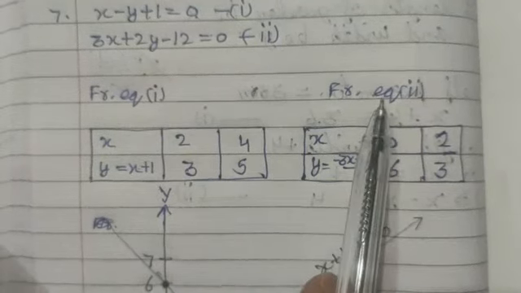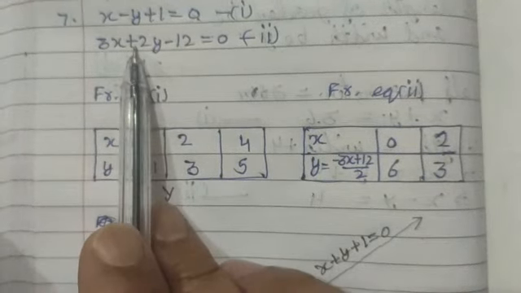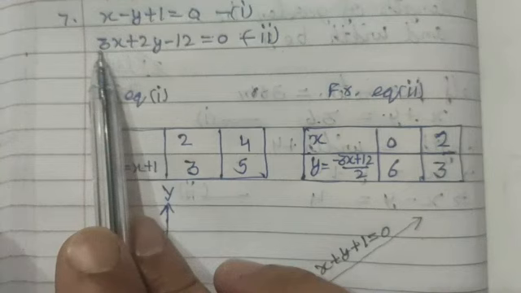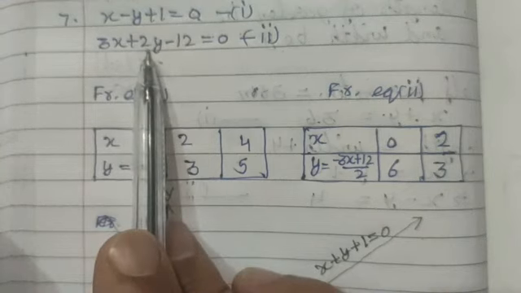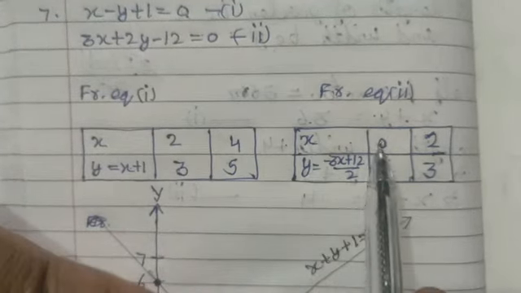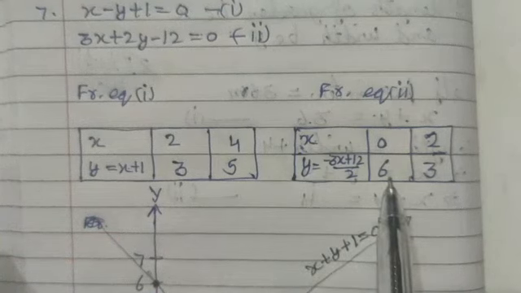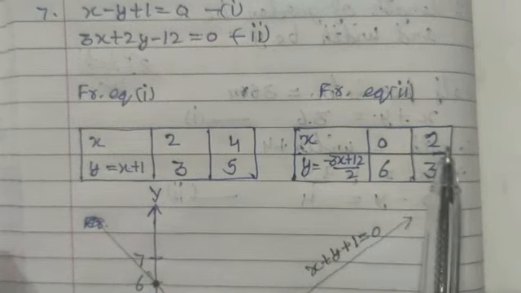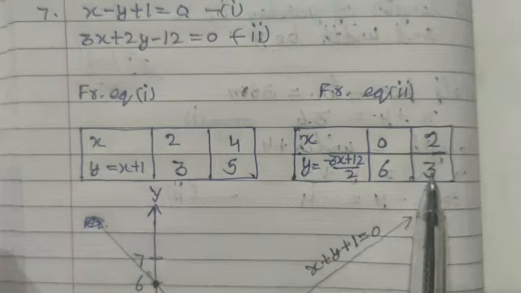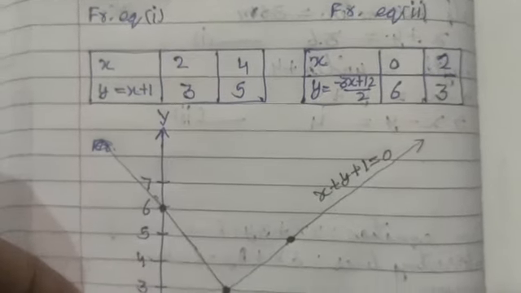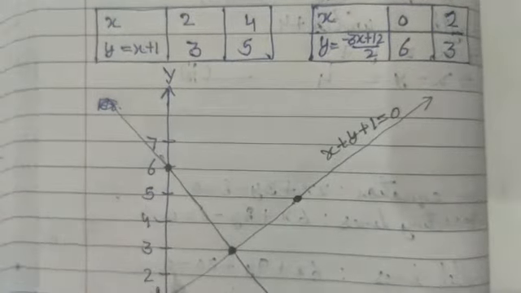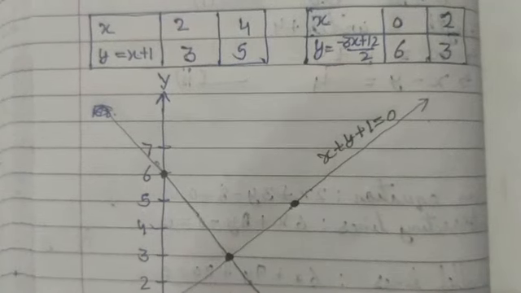Now for equation second, here y will be equal to minus 3x plus 12 upon 2. Now here if x is 0, then y is coming as 6, and if x is 2, then value of y will be 3.